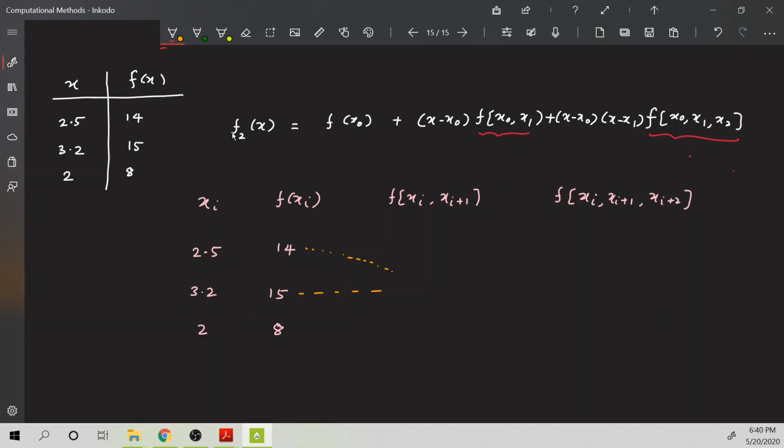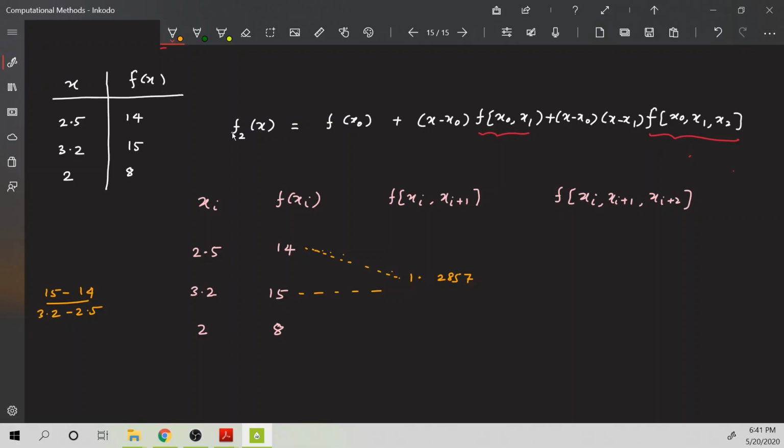Now understand this formula: this minus this divided by this minus this, that is 15 minus 14 divided by 3.2 minus 2.5. You're getting it? When you do that, the value you will get is 1.42857.